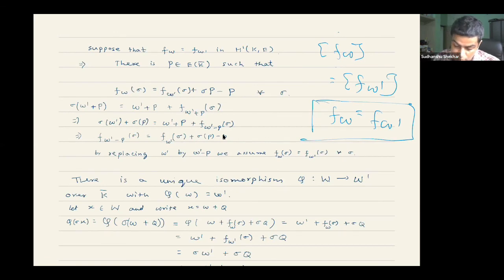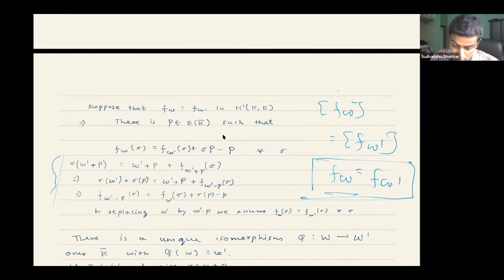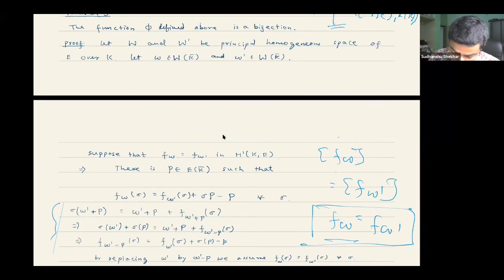Using this calculation I have shown here that f_W is equal to f_W'. Remember we had a point w in W and w' in W'.